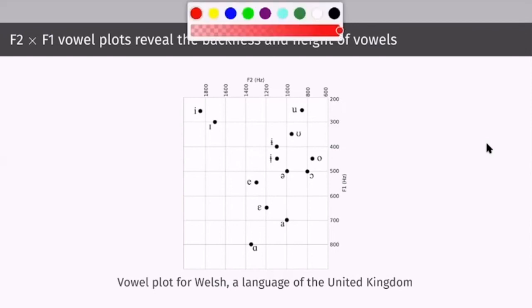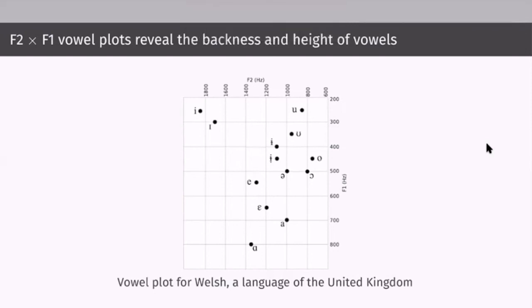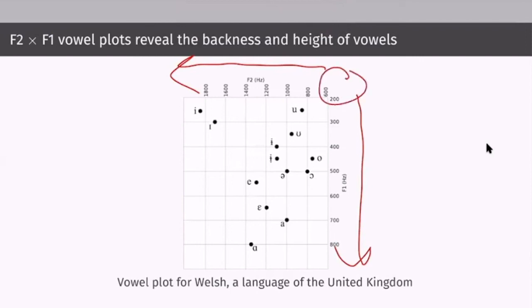As you can see, we have F2 up here at the top on the x-axis and F1 on the y-axis, and the origin is sort of up here. That's how we like to plot them.